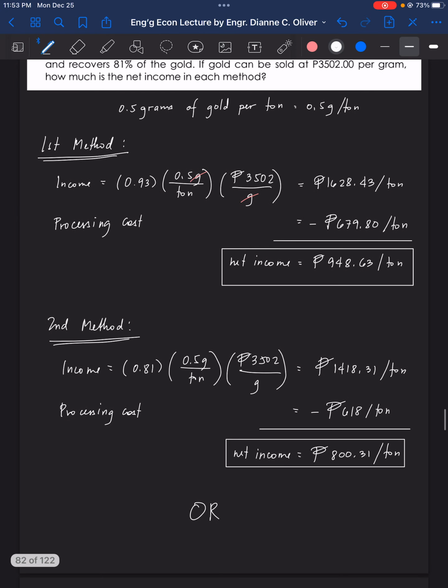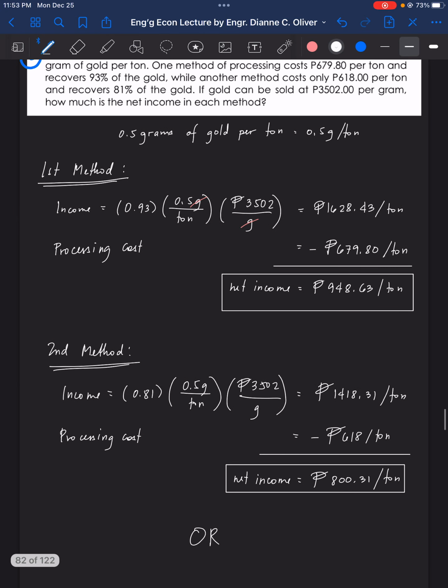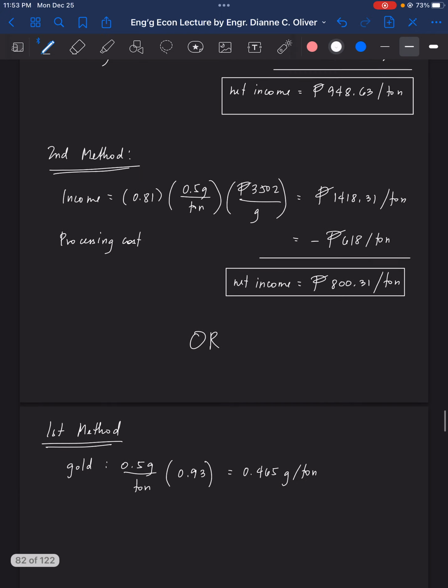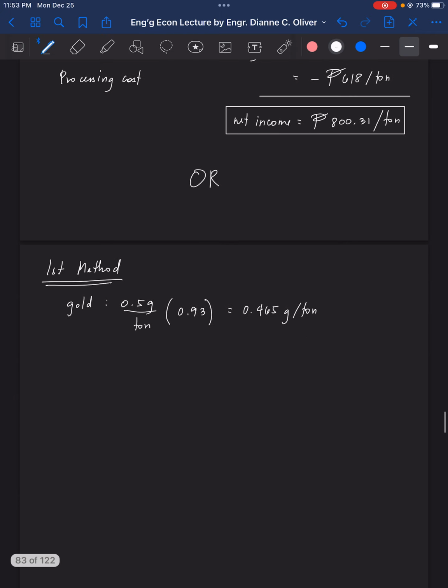So we have here the net income. So if we are looking for the per gram, so the net income here is 948.63 per ton, and then we have here 1 ton over 0.465 gram. So we can cancel out tons here.